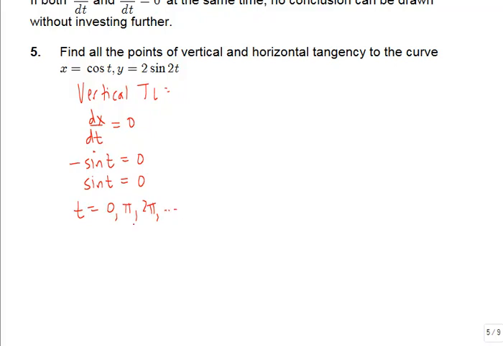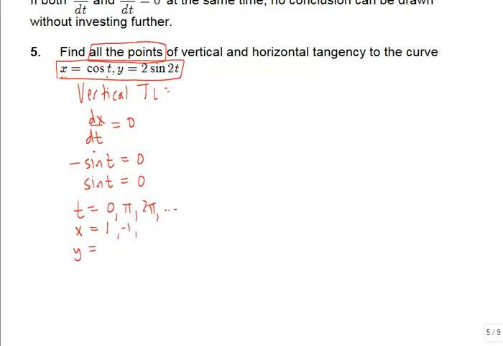So if we take a look at the x and the y points, because this is asking for all the points, so they want coordinates for x and coordinates for y, let's find out what the x and the y values are that correspond to these t's. So we go back up here to our two parametric equations. If t is 0, cosine of 0 is 1. If t is pi, cosine of pi is negative 1.